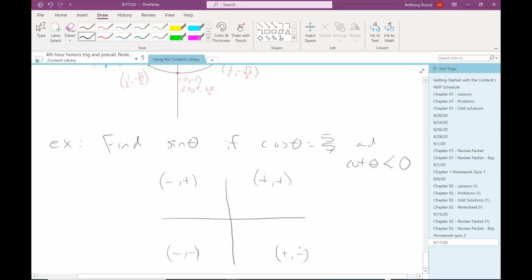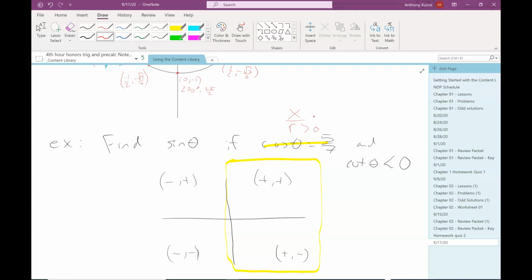So if both coordinates are positive, we're in the first quadrant. If the x is negative, we're in the second quadrant, et cetera. We know that cosine is x over r. R is a radius, it's a length, it's always positive. So we know that cosine, if positive, has to be in one of these two quadrants, because cosine is x over r. And the only way for that to give me a positive value, if r is always positive, is for x also to be positive. Everybody okay there?